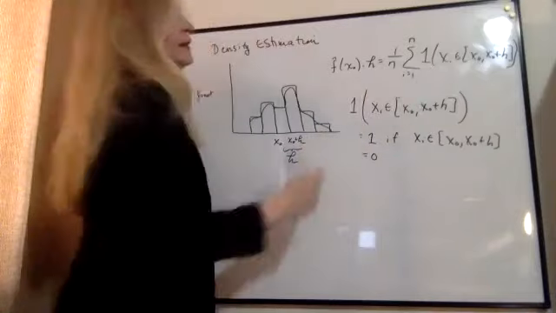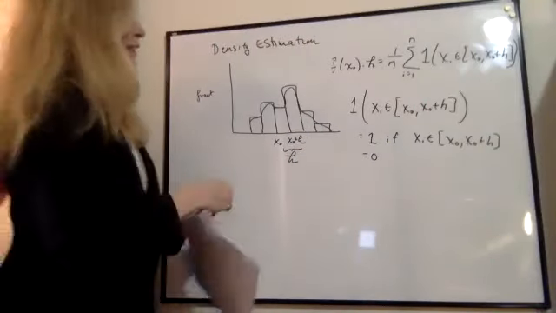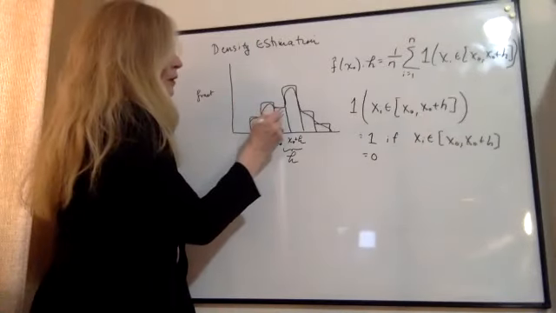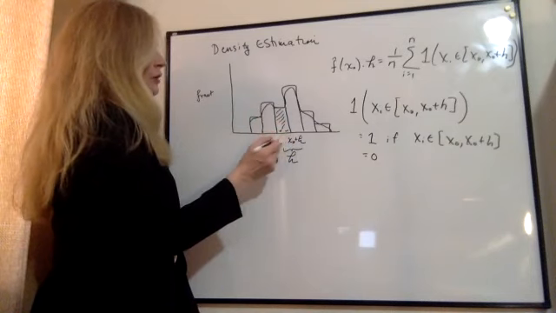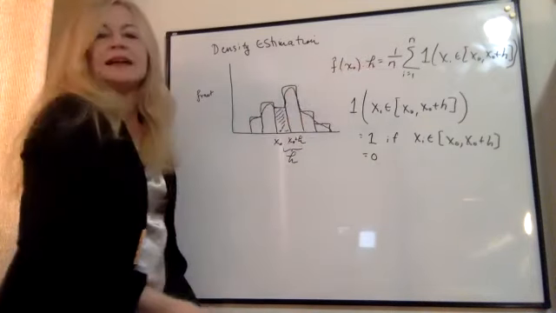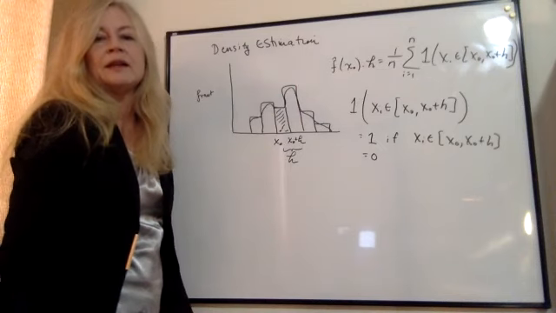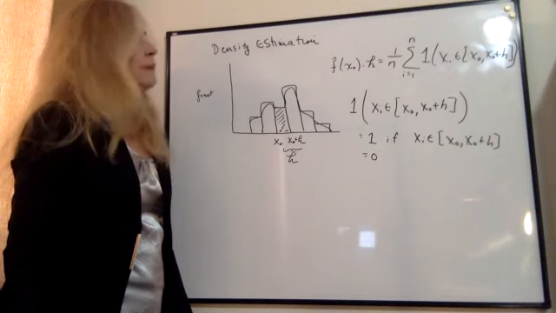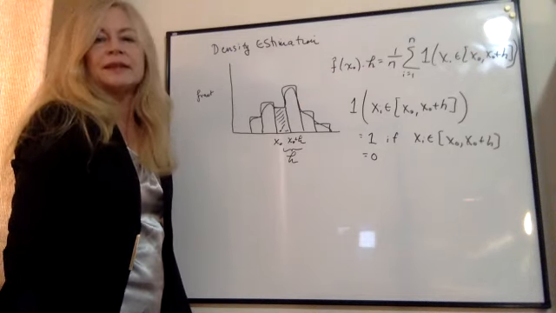Okay, so what I'm basically doing is summing up how many of the x observations fall in this range, and then dividing by n. So that's just the fraction of the observations in that bin, right? Any questions? Does it make sense? Because this is the motivation for a histogram density estimator.